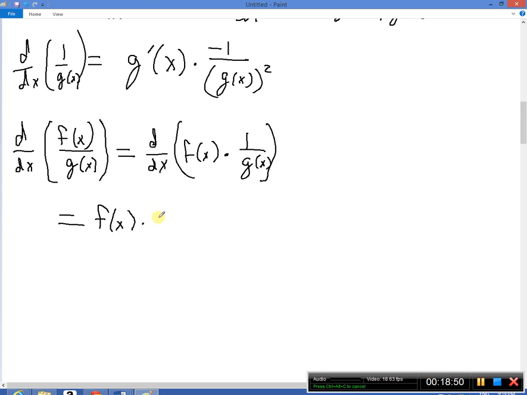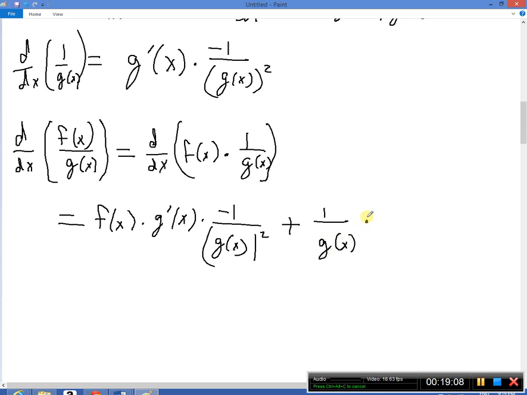So it's g prime of x times negative 1 over g of x squared. First times the derivative of the second, plus the second, 1 over g of x, times the derivative of the first. What's the derivative of f of x? I don't know, but I can call it f prime of x because that's what that means. That's the derivative of f.